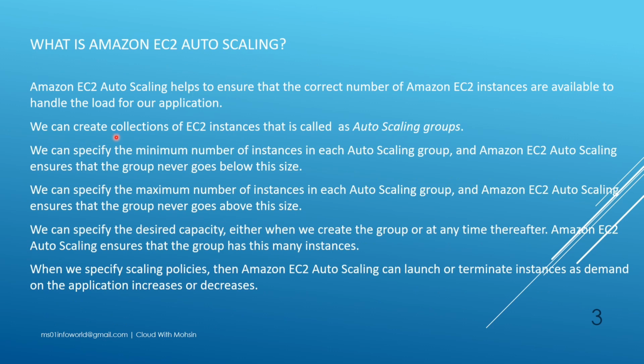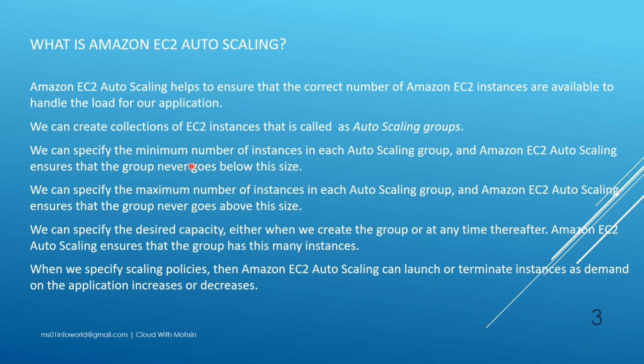And particular to this session, we are focusing on what is EC2 Auto Scaling. Amazon EC2 Auto Scaling helps to ensure that the correct number of Amazon EC2 instances are available to handle the load of our application. We can create a collection of EC2 instances that is called an auto scaling group. This is a logical group, nothing but a collection of EC2 instances.